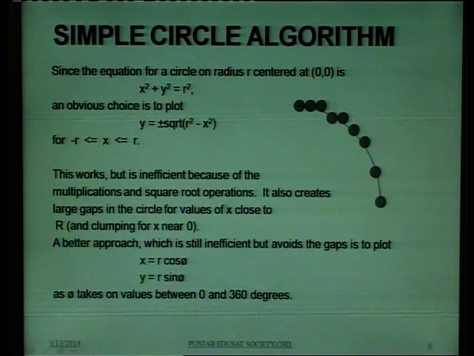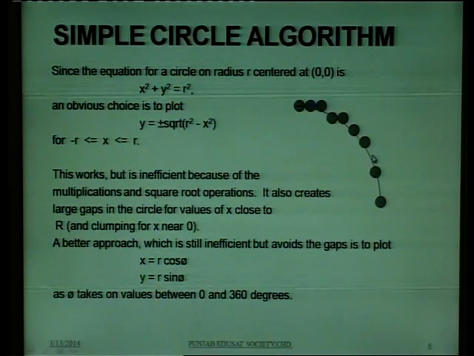You cannot find the accurate pixel which will be coming on the symmetry. Some pixels will be coming above and some pixels will be coming below the symmetry. So, there are large gaps between the two adjacent pixels. So, this technique is also not efficient for circle drawing.